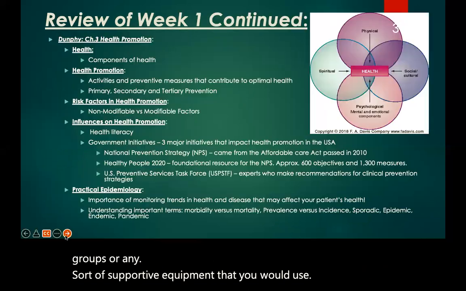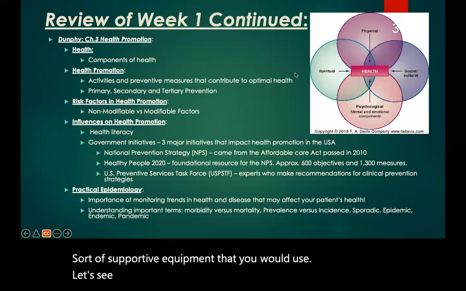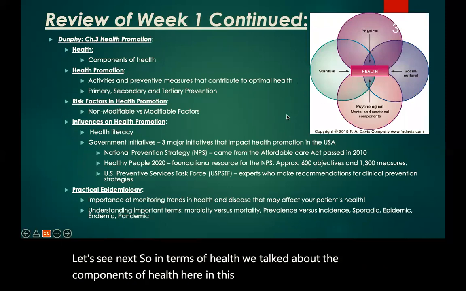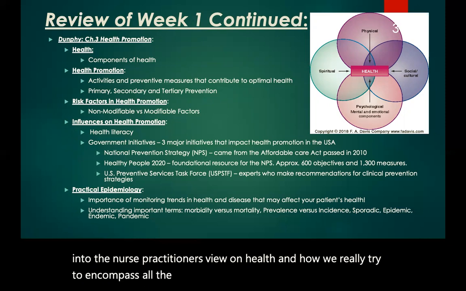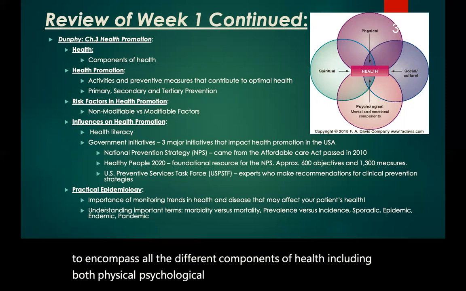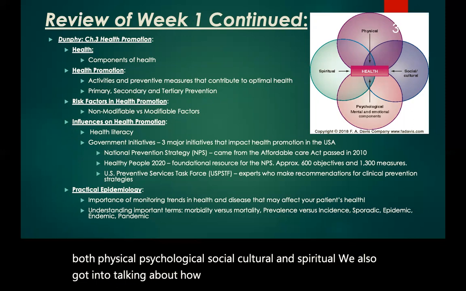In terms of health, we talked about the components of health here in this diagram. It really goes into the nurse practitioner's view on health and how we really try to encompass all the different components of health, including physical, psychological, social, cultural, and spiritual. We also got into talking about how the community affects health.